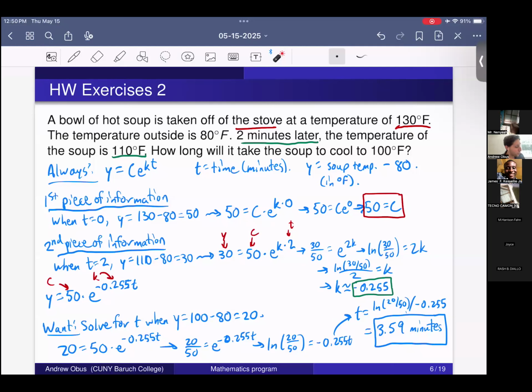And the way this soup cools is with C equals 50 and K equals minus 0.255. So the preliminary step is you figure out C and K. And then the next step when you're actually solving the problem is you use those values of C and K to relate Y and T. It's a little confusing because there are 4 different variables floating around. But what you have to do is first determine C and K and then use that to relate Y and T.